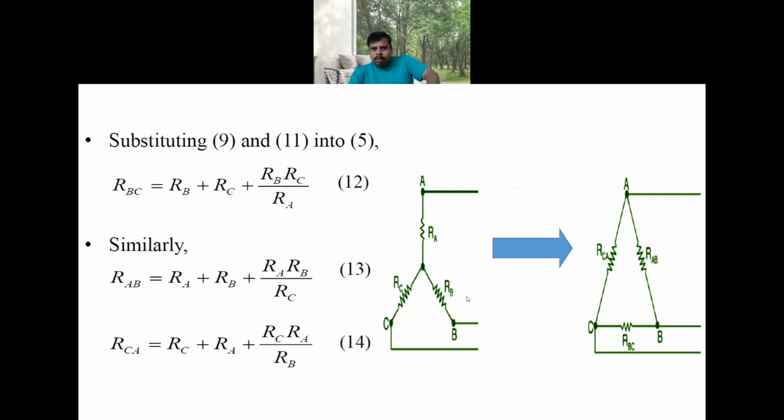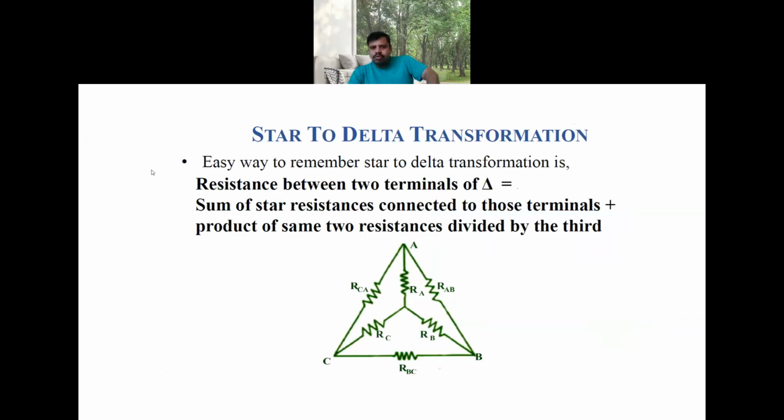So you can remember it like this: the resistance between two terminals of delta is equal to the sum of the resistances connected to those terminals plus the product of the same two resistances divided by the third side. Here star is given and you need to convert into delta. For example, RCA is obtained by RA plus RC plus RA RC divided by RB, the opposite side. This is the technique you can remember.